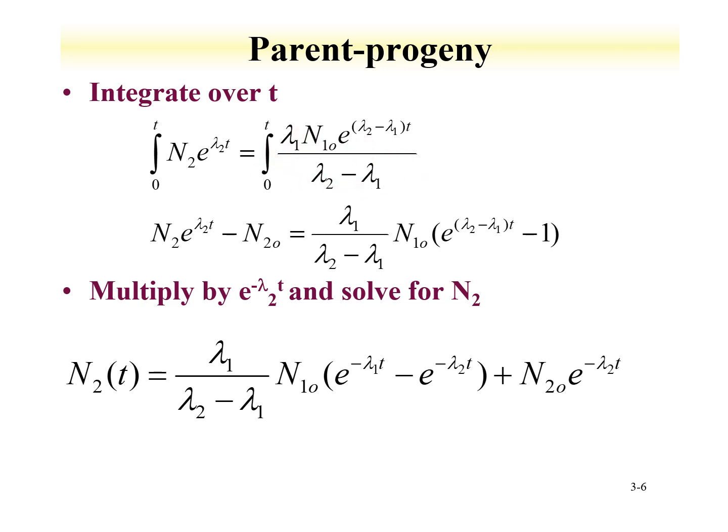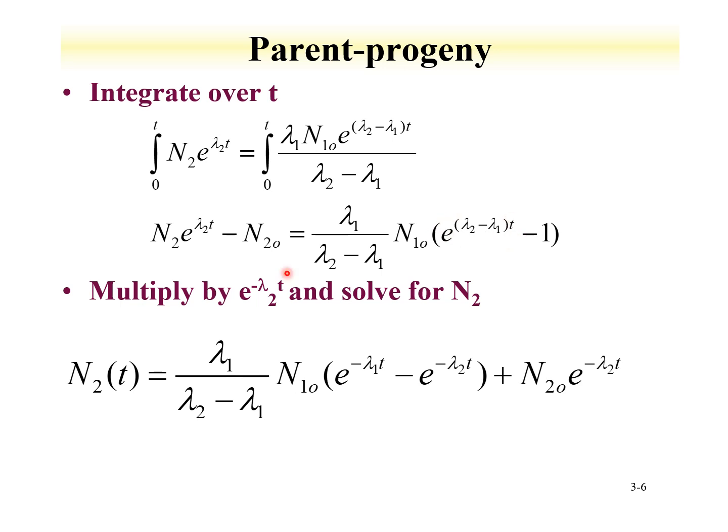From 0 to t, the equation becomes n2 e to the lambda 2 times t minus n2 initial is equal to a ratio of the decay constant for 1 divided by the difference between the decay constant for 2 minus 1, times this term n1 e to the (lambda 2 minus lambda 1) times t minus 1.